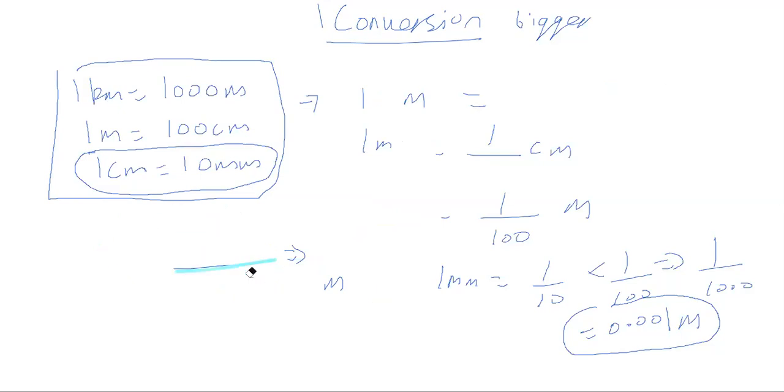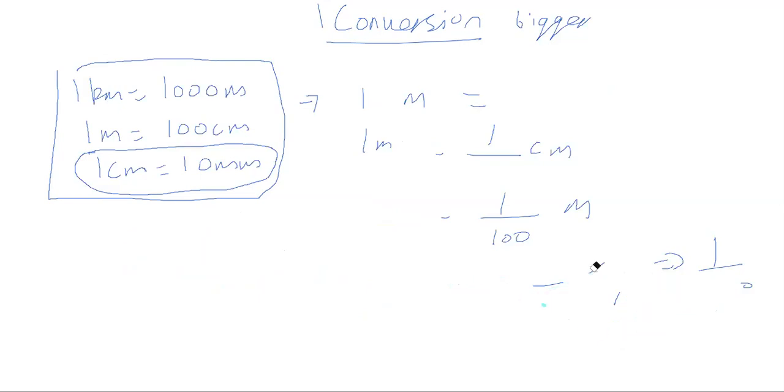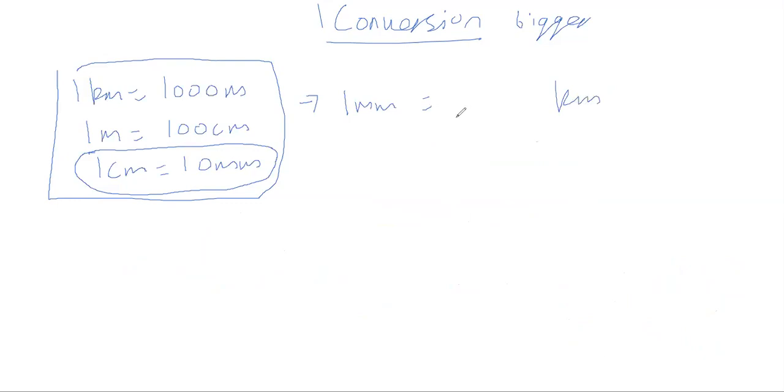So always remember, bigger to smaller multiply, smaller to bigger divide. Now you need to convert 1 millimeter into how many kilometers? You need to tell me the answer. 1 millimeter is equal to how many kilometers?